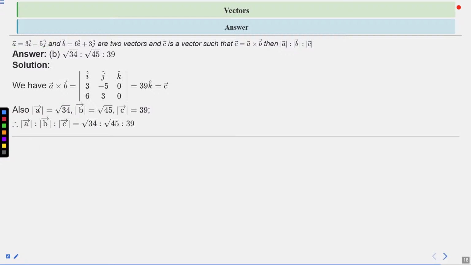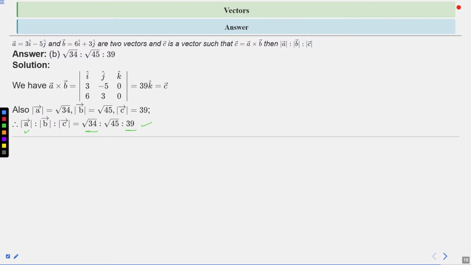So the correct answer is the ratio of the magnitude of vector A, the magnitude of vector B, the magnitude of vector C, which is under root 34 : under root 45 : 39. So this one is correct. Clear?